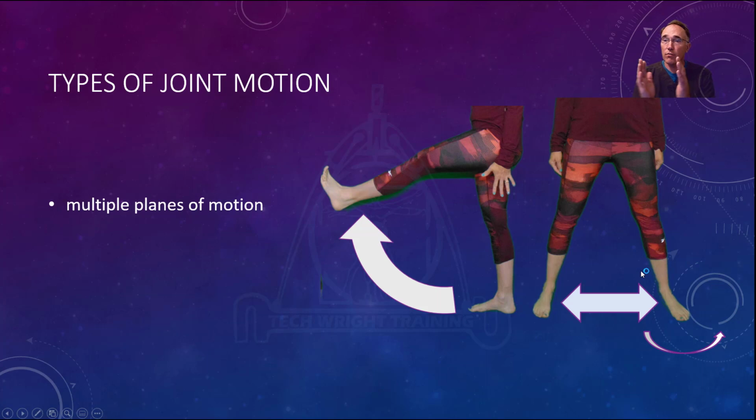And that would be a frontal plane motion that's happening at the same hip joint. And then finally, down here, we can rotate our hip joint. So we can take and turn our foot internally and externally, whichever way we like. So the hip can actually function in all three planes compared to a knee joint or an elbow joint, which only functions in one plane.